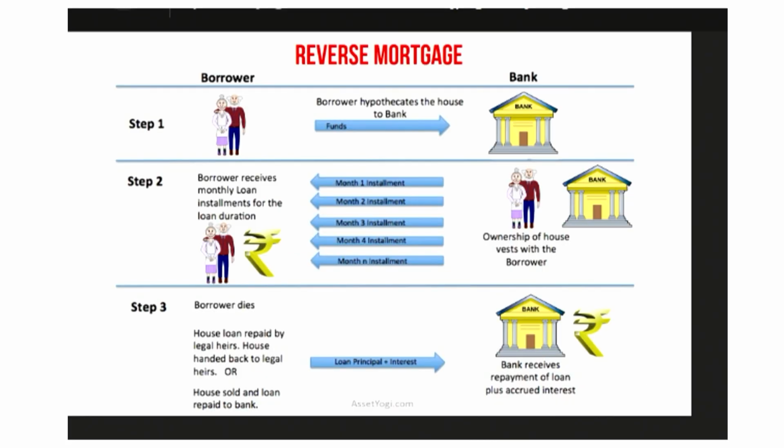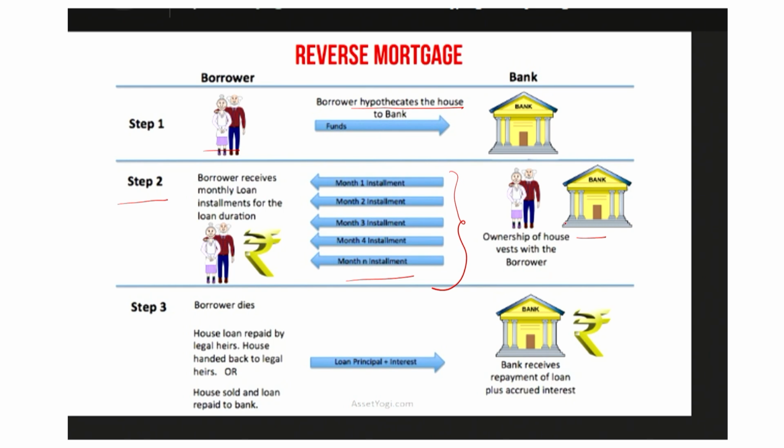So in a reverse mortgage, the borrower first approaches the bank and hypothecates the house to the bank, and once the bank evaluates the property, the borrower receives a monthly loan in installments over the loan duration. So first, second, third, fourth and fifth, for n number of years, for the total time duration, the bank provides the loan payment to the consumer.